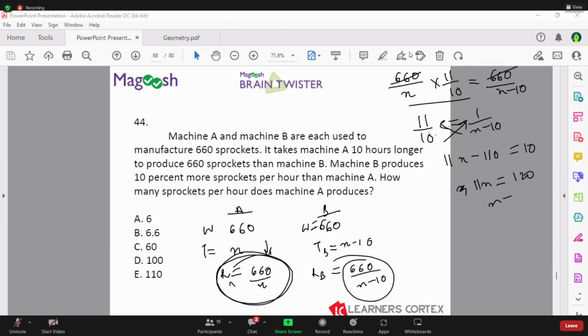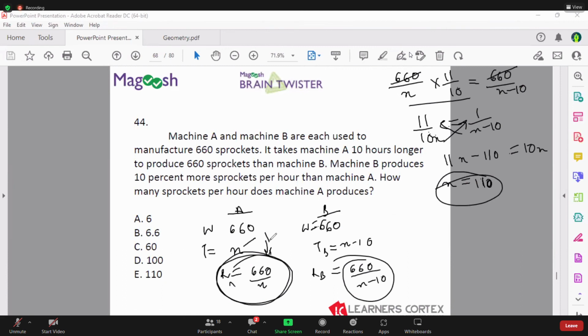So 11 to 10, 10%. There is supposed to be x also here. So x becomes 110 hours.